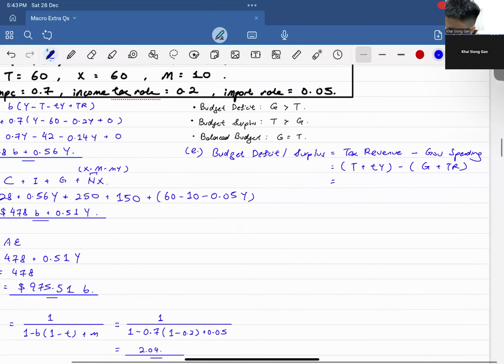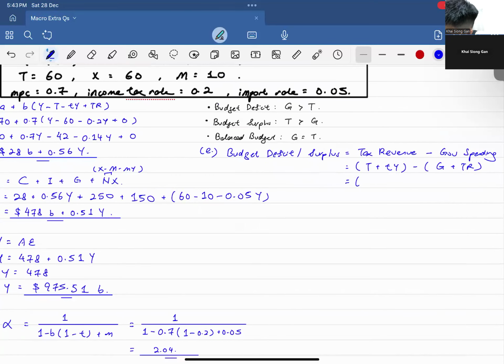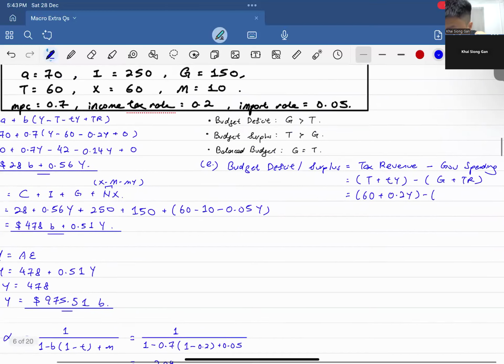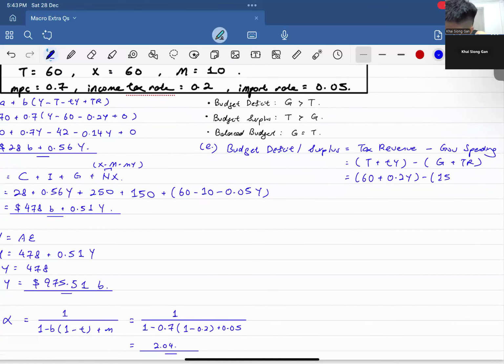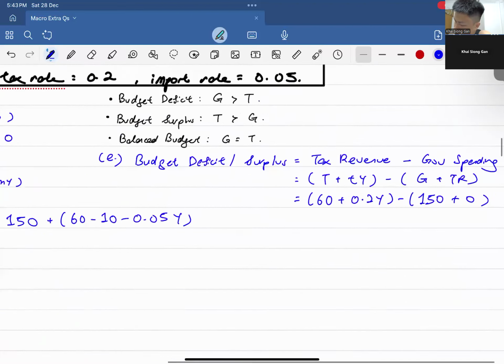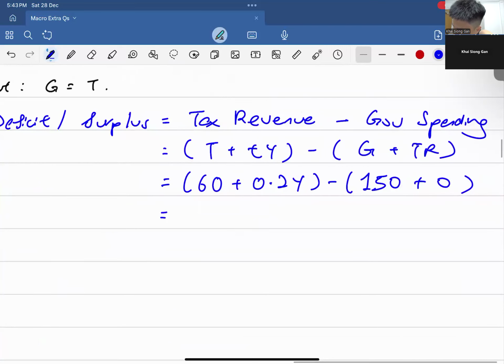So autonomous tax is 60 plus 0.2y. Government spending is 150, and there is no transfer payment over here, so 0. Okay, so substitute the value in first.